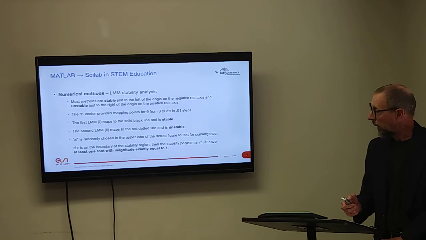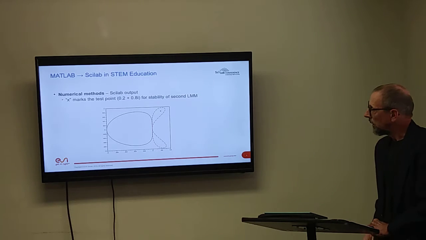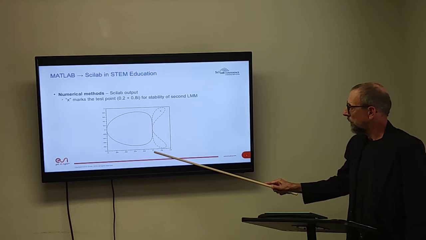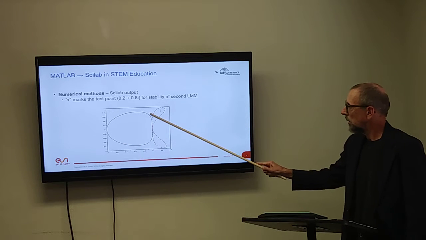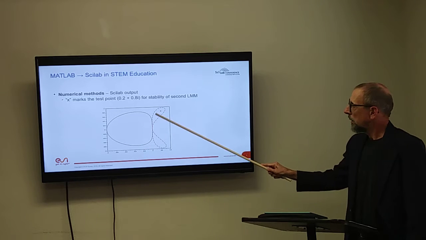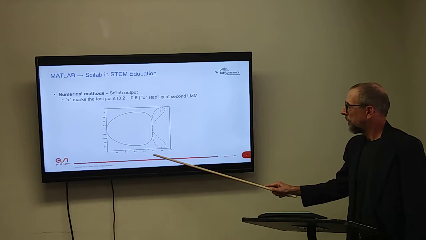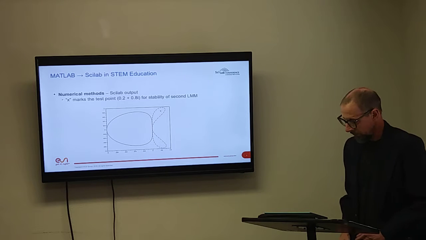Now see if we can go back to that. Here's the Scilab plot. Any graphs to the left of the 0, here's the 0 on the real axis, this is considered stable. Notice the second method is the dotted line. All of that is to the right of the 0, so it would be considered unstable.